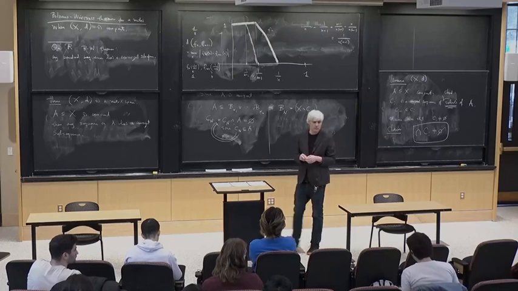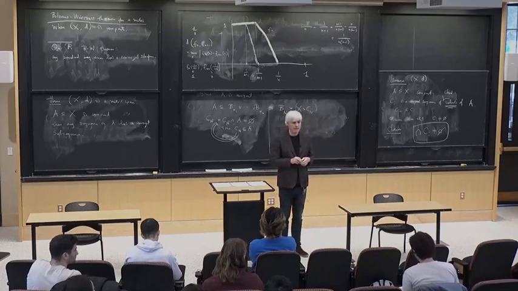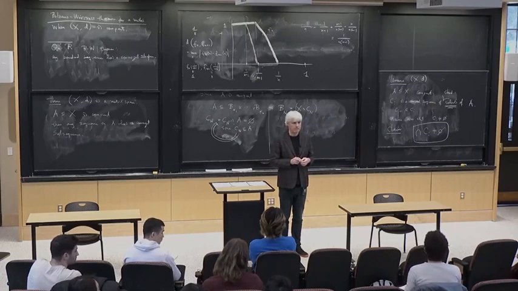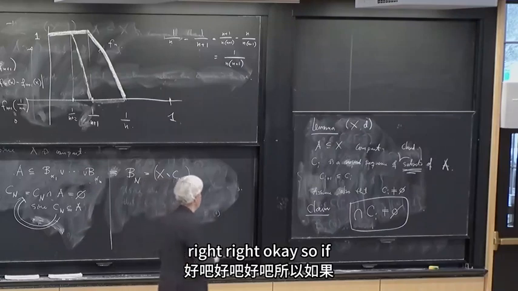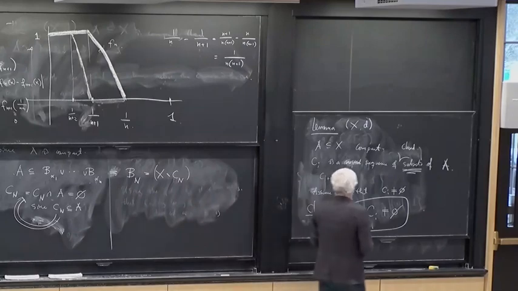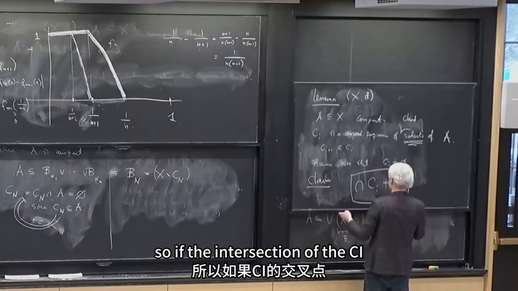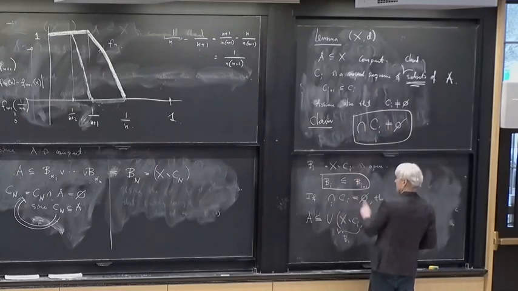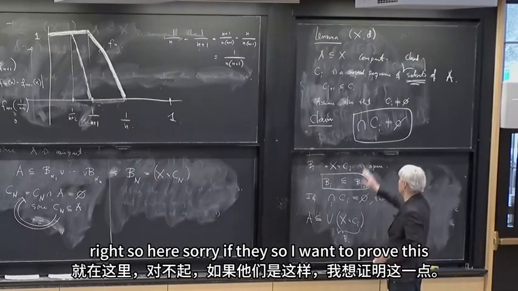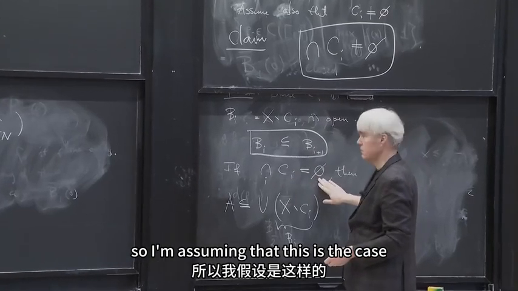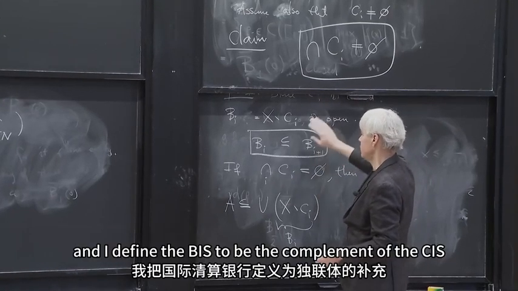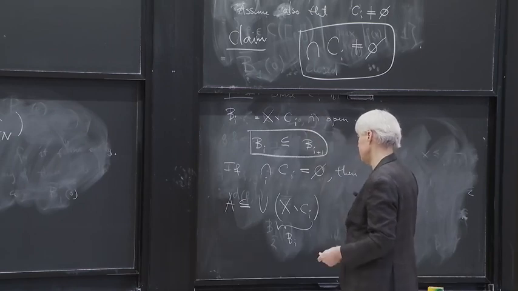I have a question about the contradiction. You said if the intersection of the Ci's is in fact empty, then A is contained in them. Why? Okay. I want to prove this, so I'm assuming that this is the case, and I define the Bi's to be the complement of the Ci's.